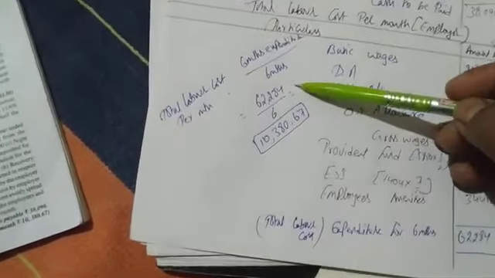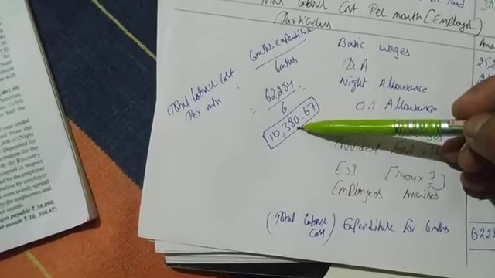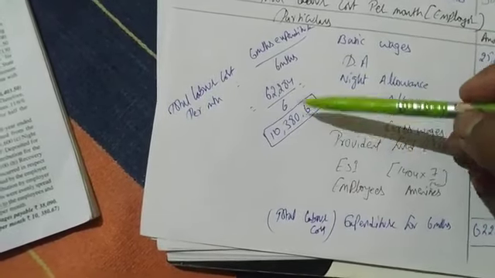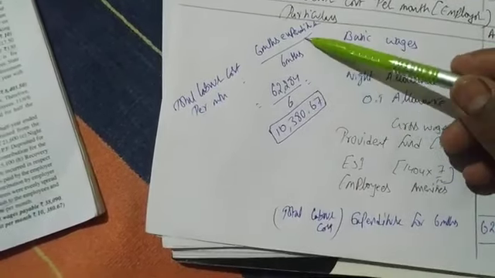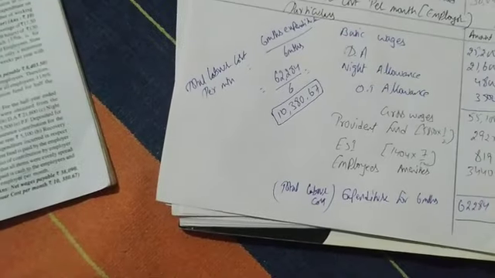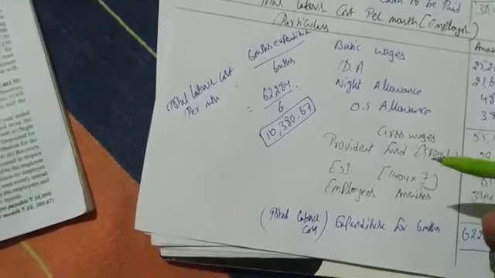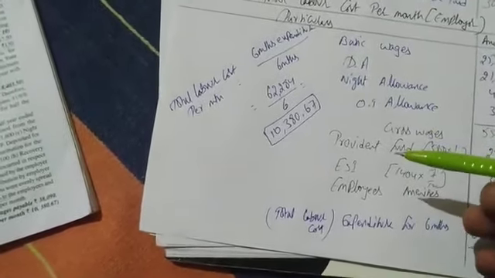From 6 months we asked you to find out how much expenditure the employer incurs per month, so we divide 6 months expenditure by 6. We got 10,380.67. Okay, this is a one question solution.